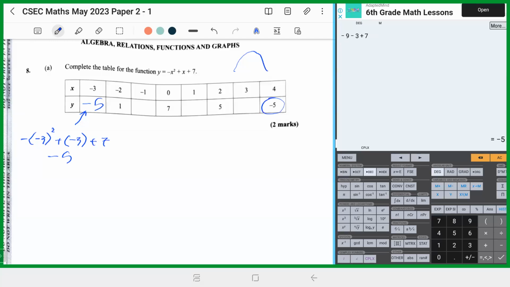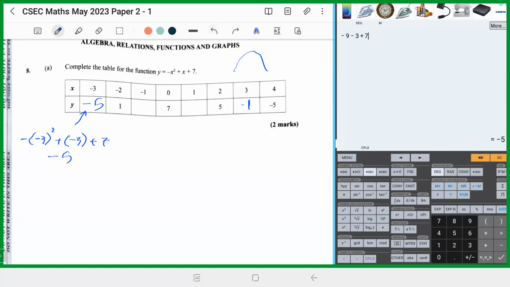What does that tell me? That tells me that when I come inwards to this one, I have to come back inward to 1 again, so this is going to be 1. Whatever value this is, it's going to be the same value. So this 5 will come here.